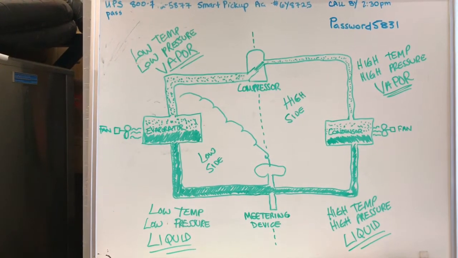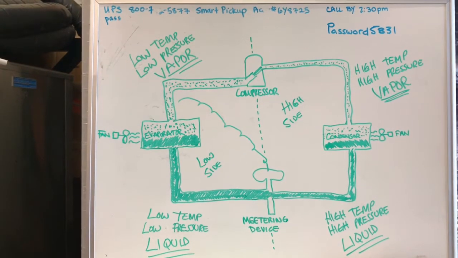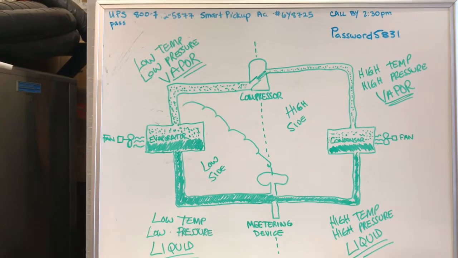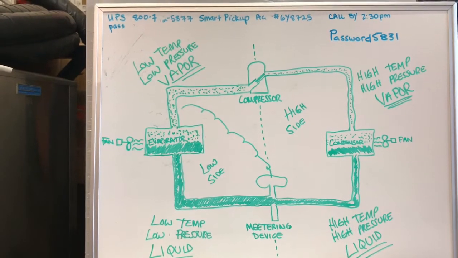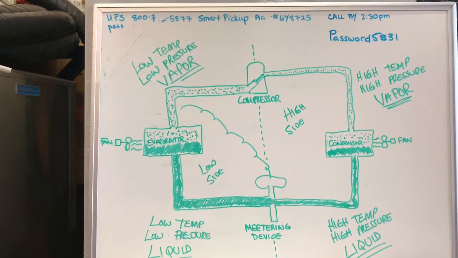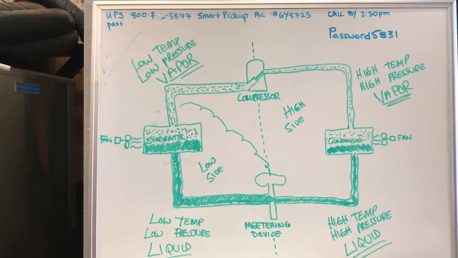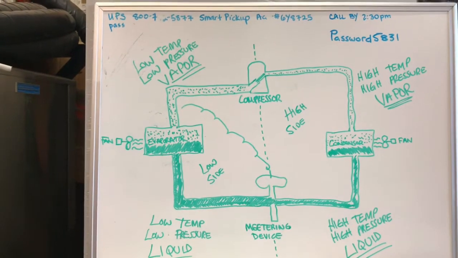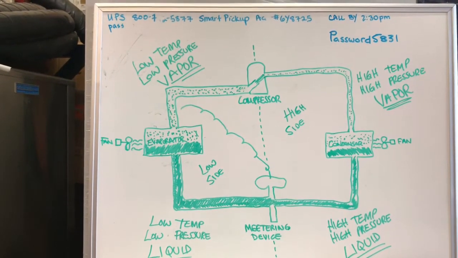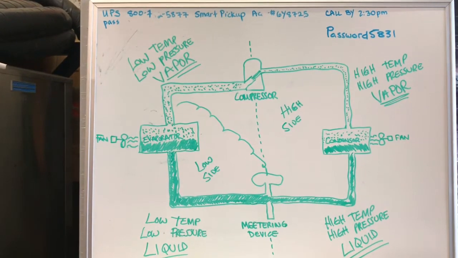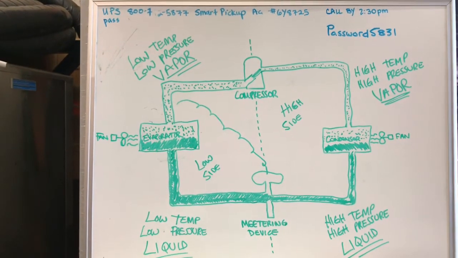And no matter what system you have, whether it's an ice machine or an air conditioning system, as long as it's an air-cooled system, you're going to have a fan blowing air across that condenser. And what that does is it condenses the vapor refrigerant into liquid.